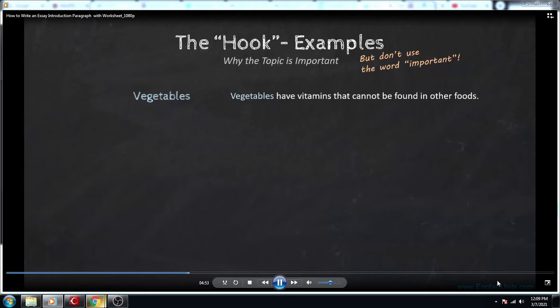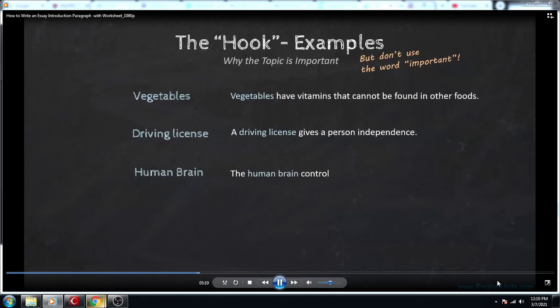Do you see how we stated why vegetables are important, but we didn't oversimplify the sentence by using the word important? If you were writing about a topic like a driving license, this could be a good hook. A driving license gives a person independence. If you have a scientific topic like the human brain, you could begin your essay like this. The human brain controls everything we do and say.